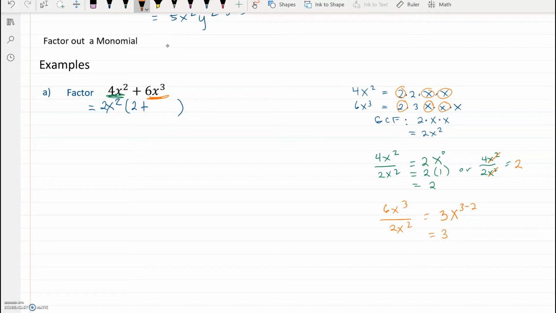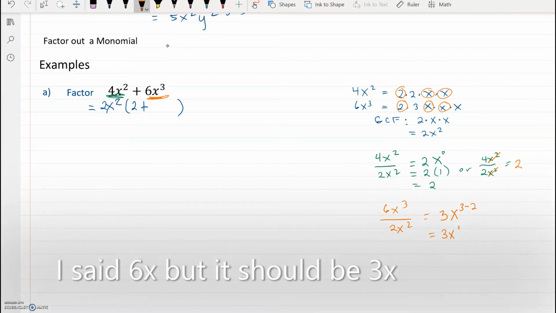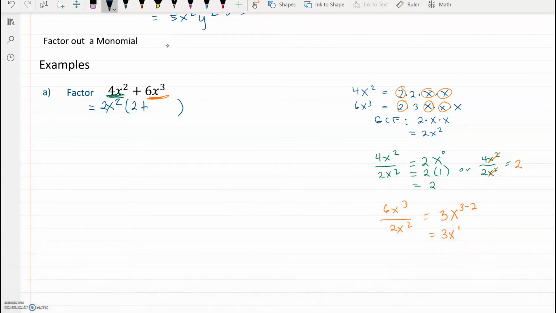And we'll get 3x, since 3 minus 2 is 1, 3x to the first. Then after factoring out that greatest common factor, this is now 2x squared times 2 plus, what did I get? 3x, and I don't need to write that 1 because it's understood that the exponent of x is 1.